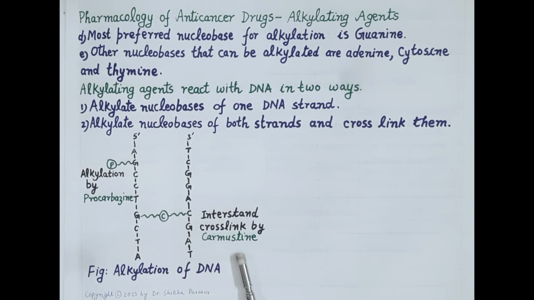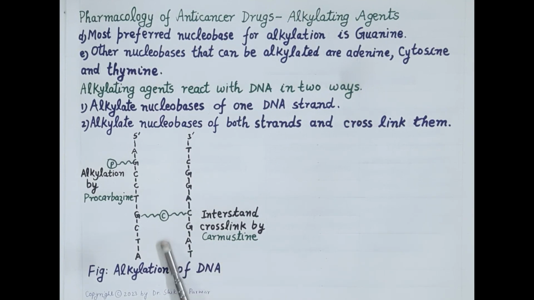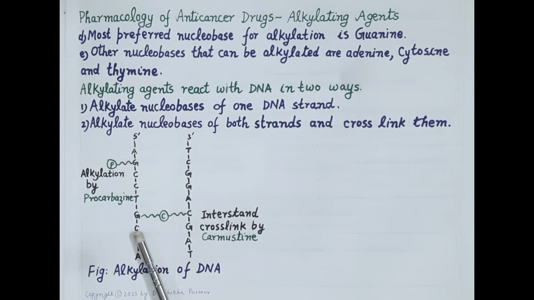So as you can see here, carmustine is represented as C. Now carmustine reacts and alkylates the guanine nucleobase present on one DNA strand and the cytosine nucleobase present on the other DNA strand. So this produces cross linkages between the two strands, and alkylation of DNA prevents DNA replication.